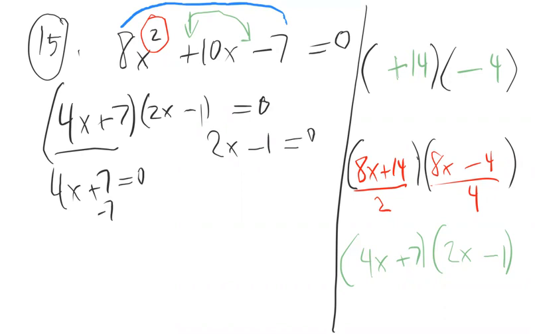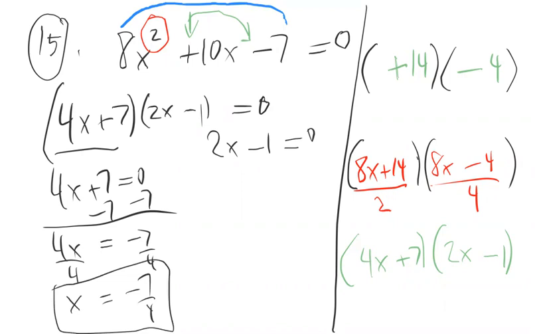So subtract 7, 4x equals negative 7. Divide by 4, and you get x equals negative 7 over 4. Then solve the other one, so add 1 to both sides. 2x equals 1, divide by 2, we'll get x equals 1/2.